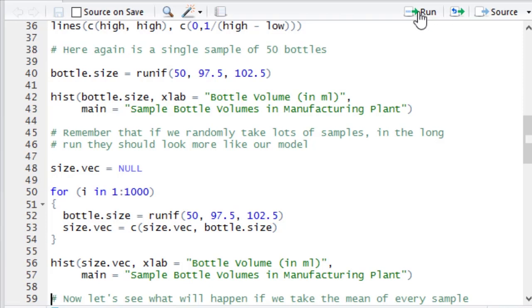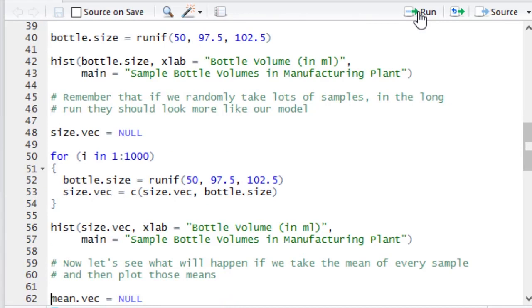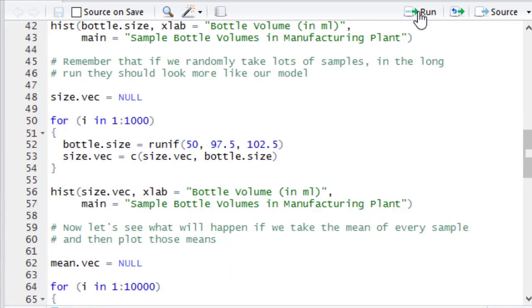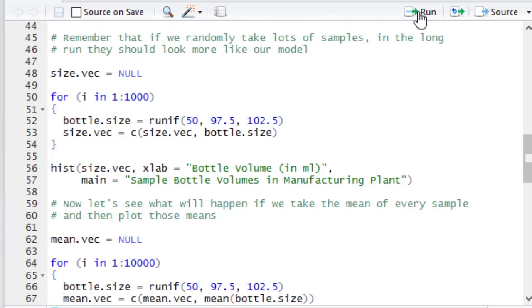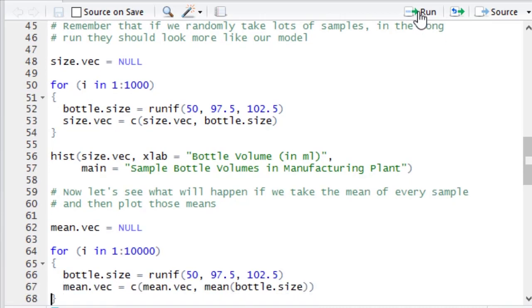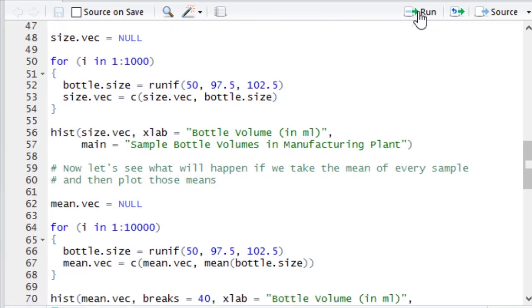In this case, we're going to take a sampling distribution of the mean. So this time I've chosen to take 10,000 samples, each size 50. I'm going to record the mean for each one, keep track of those, and then when I'm all done, I'm going to plot a histogram of those means. Let's see what we get.